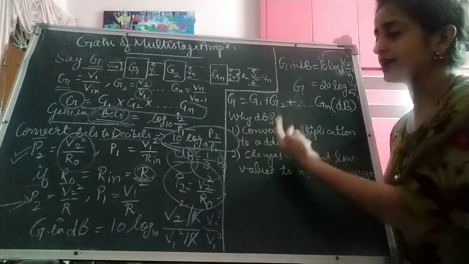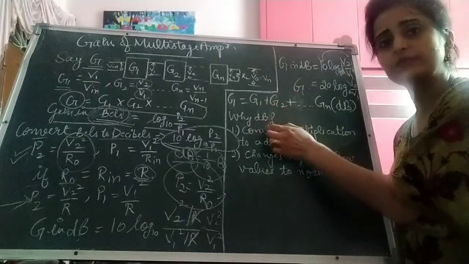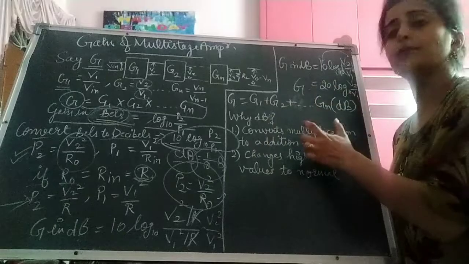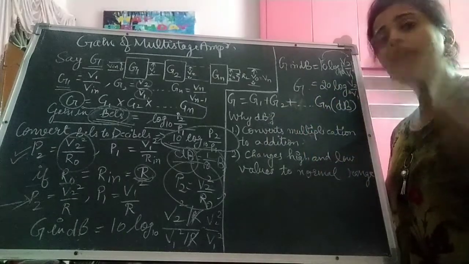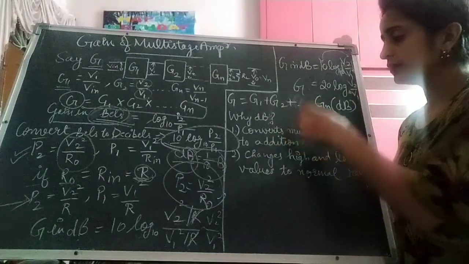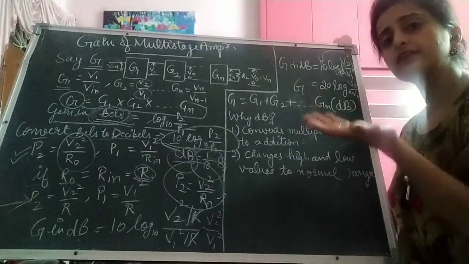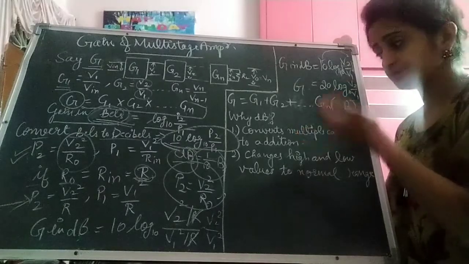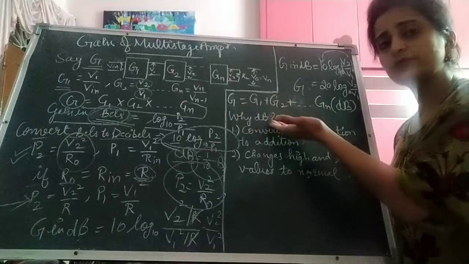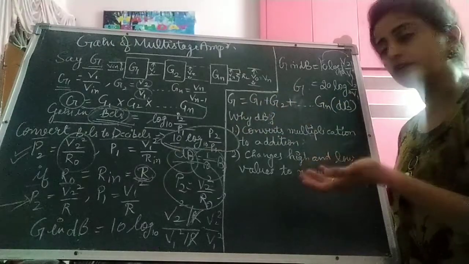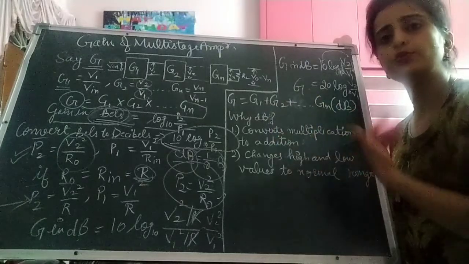When we calculate the gain in decibels, it converts multiplication, which can lead to a very high value that is difficult to multiply, into addition. So in some cases decibels make it easier because it converts multiplication into addition.